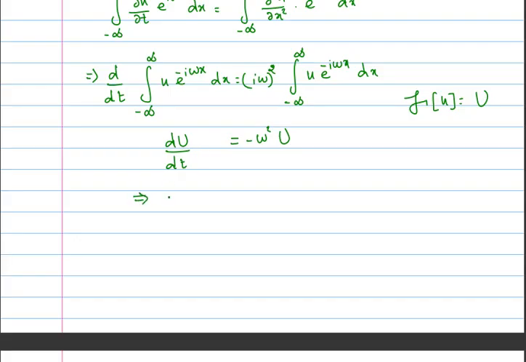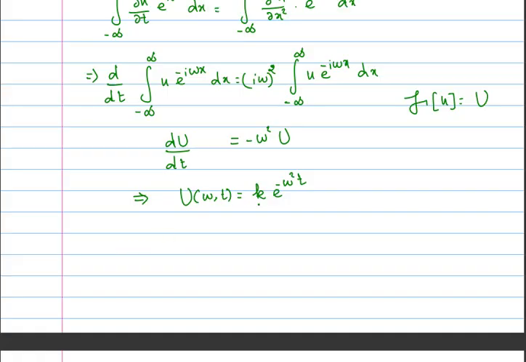I can use the separation of variables method, or since it is a linear equation, I can use the variation of parameters formula. So I will get U of omega comma t equal to some constant k times exponential of minus omega square t. Here capital U is the Fourier transform of u.